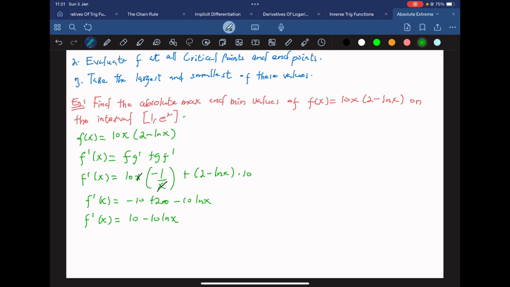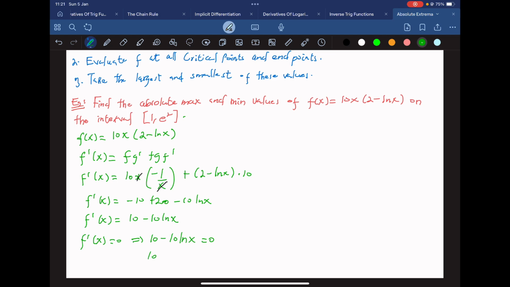Now, a critical point is where the derivative is either undefined or 0. In this case, there is no x value that will make this function undefined. So the next thing to do is to set f prime of x equal to 0. This implies that we want 10 minus 10 ln of x to be equal to 0.